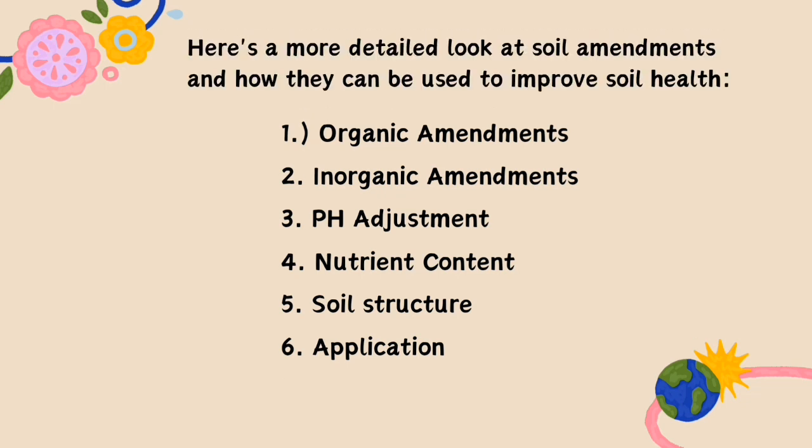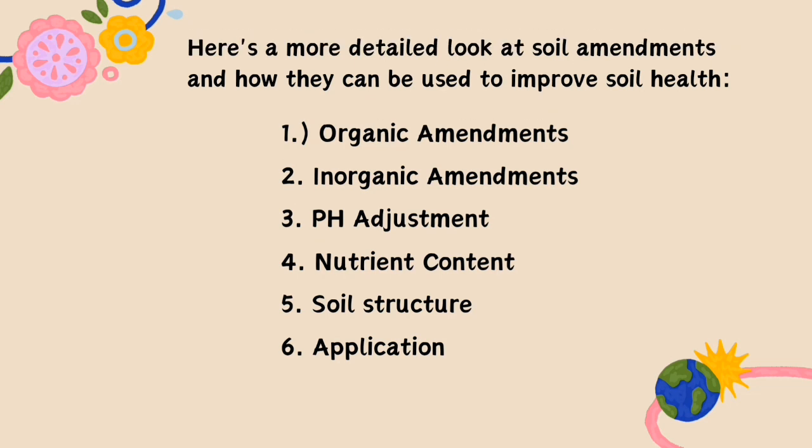Then next is pH adjustment. Lime is a common inorganic amendment that is used to adjust soil pH. Sulfur can be added to soil that is too alkaline, or high pH, to lower the pH level and make the soil more acidic.